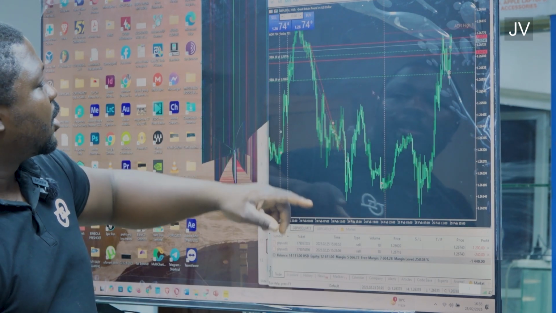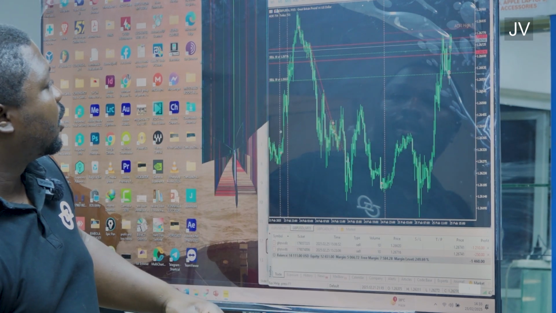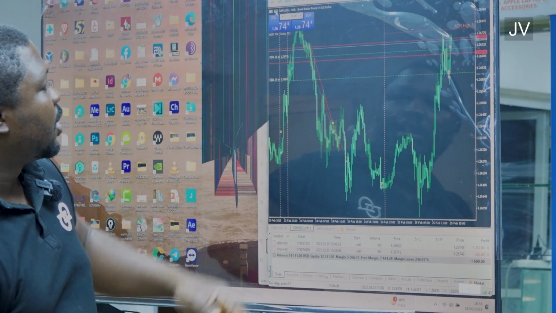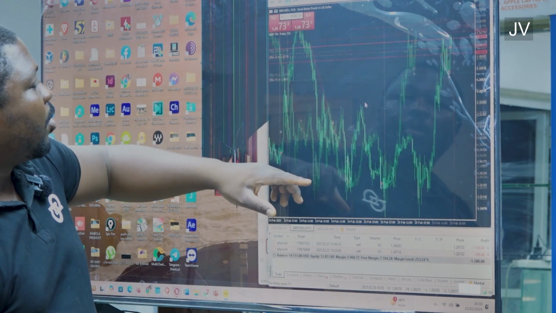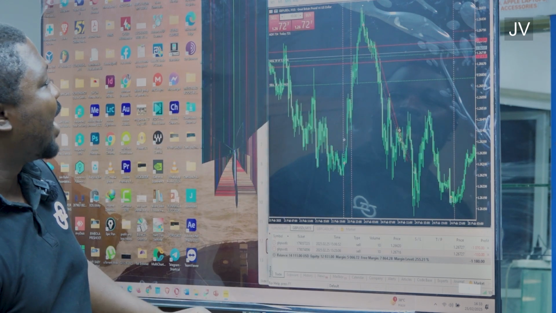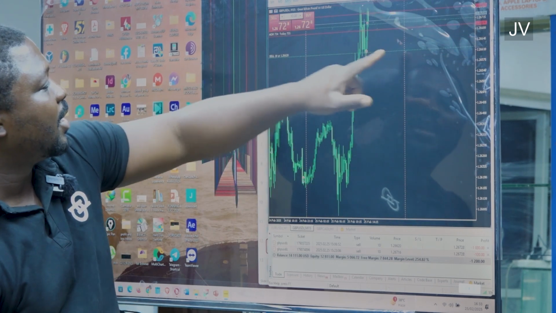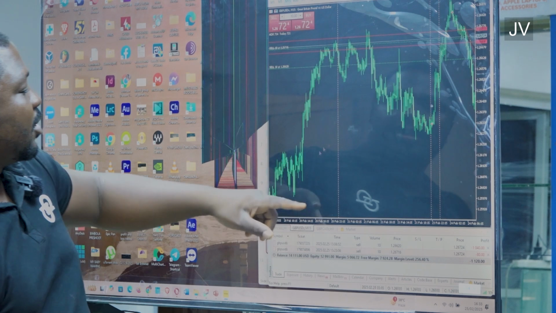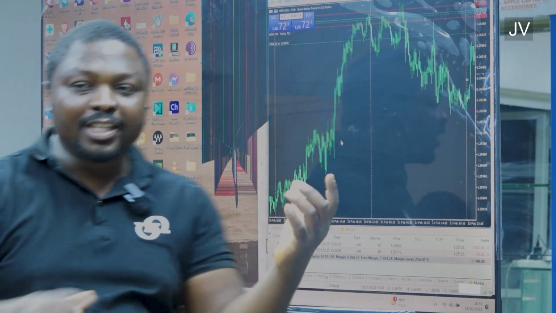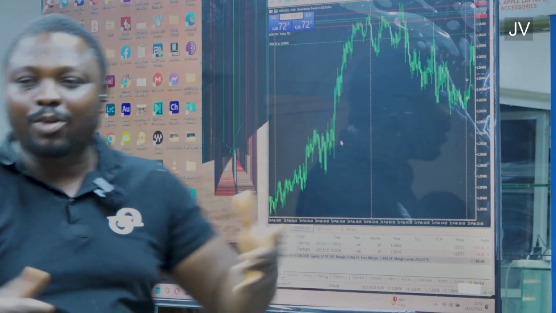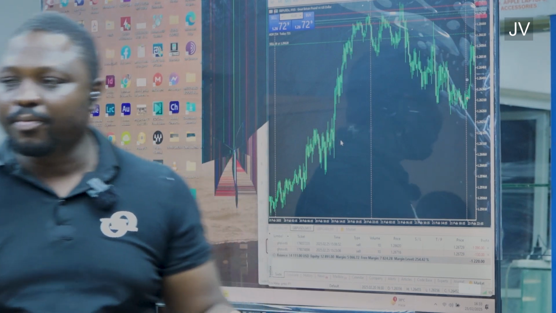This is more of a ranging market now. We're in a ranging market. It's because of the screen issue that I could not display it very well.